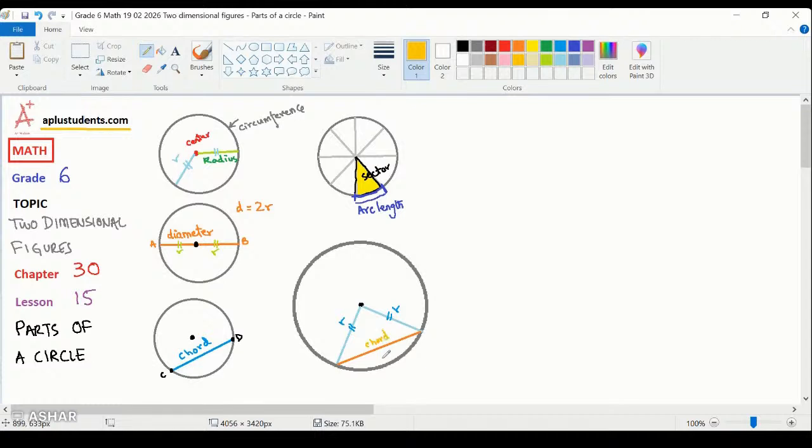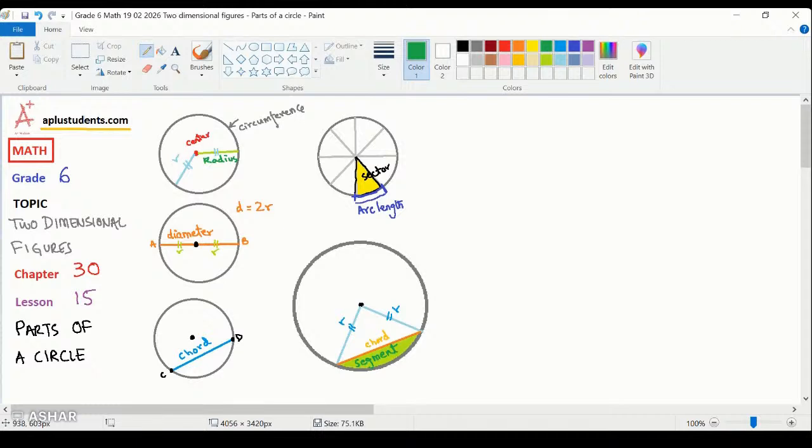Then this remaining outer part of the circle is known as a segment. Do we have an idea what a radius is, what a diameter is, what a center is, what a chord, sector, arc length, and a segment are?